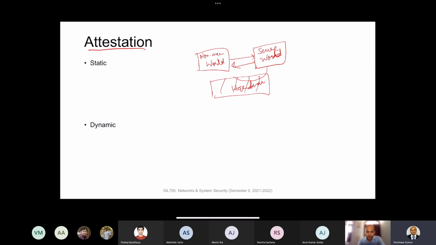So what can be done? We are looking into some of the applications in which this basic idea could be utilized, and the first application has been attestation. What is this attestation? Let's say that your non-secure world is running one operating system.